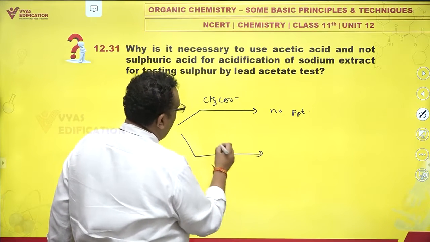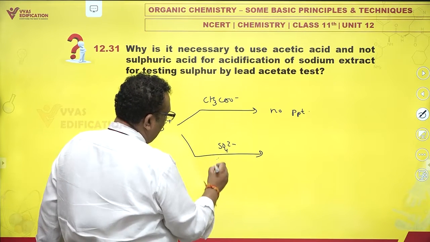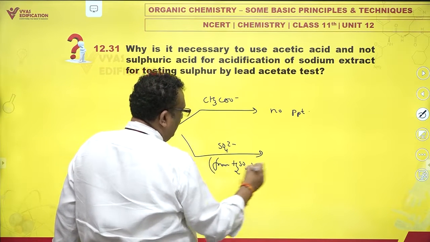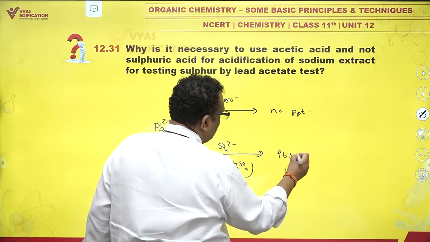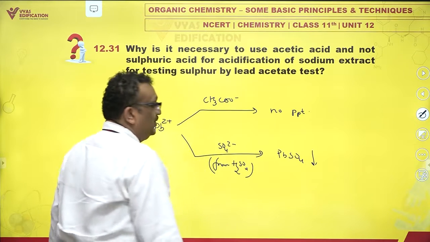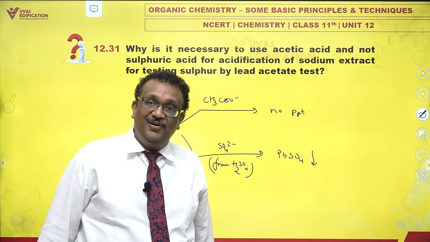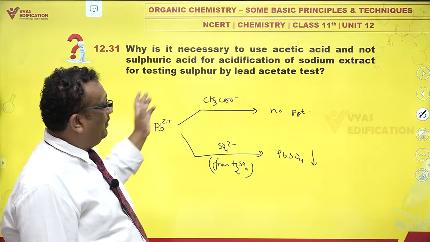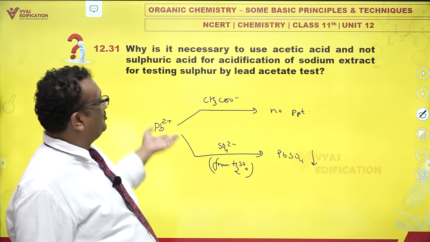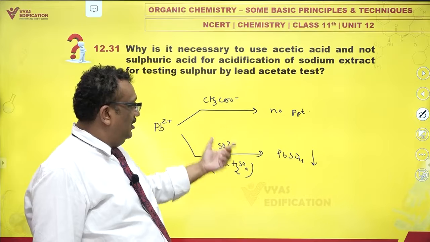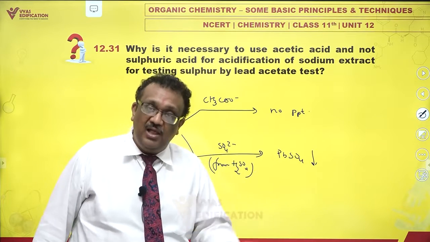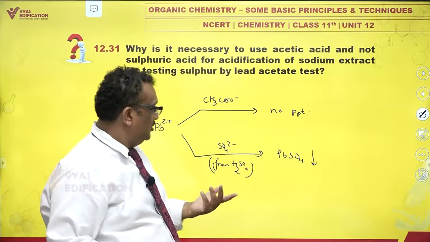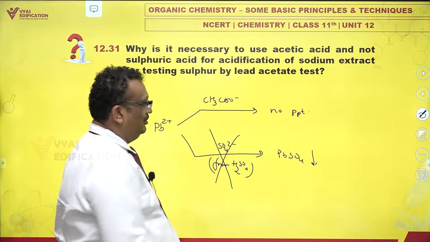But if you add sulfate ions from H2SO4, they will give you extra PbSO4 as precipitate. You were trying to estimate sulfur. You converted all the sulfur to sulfate. And now, if you add extra sulfate in sulfuric acid, you will get more sulfur than is already there, because you have added extra sulfur in the form of sulfuric acid. So that is something you must not do.